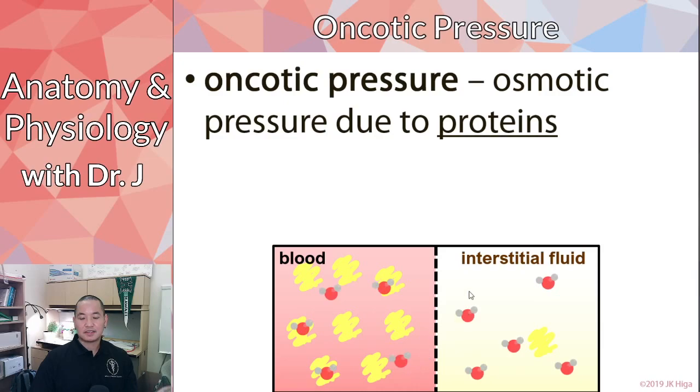Now, if we have equal amounts of water on both sides, which way will the water be more attracted to? The side with more proteins or the side with fewer proteins? We don't have too many people in the chat, but which side do you think the water will be attracted to? The blood side or the interstitial fluid side? The yellow blobs are proteins, and then we have all our water molecules.